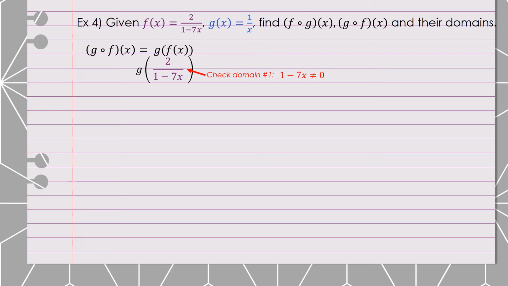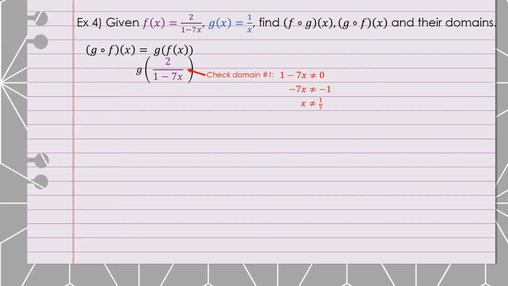And so we need to solve for x. Our first step would be to subtract 1 on both sides, which gives us negative 7x cannot equal negative 1. From here, we need to divide both the left side and the right side by negative 7, which gives us positive x cannot equal a positive 1/7.